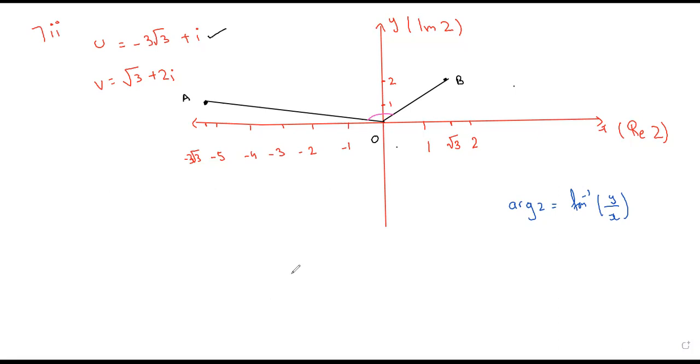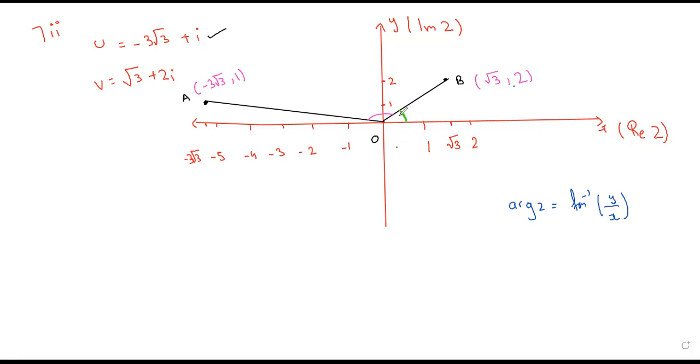Okay, B point is what? Let's just write it down. It is under root 3, and then it's 2 plus 2, and then A is minus 3 under root 3, and then 1. Let's just find this angle.